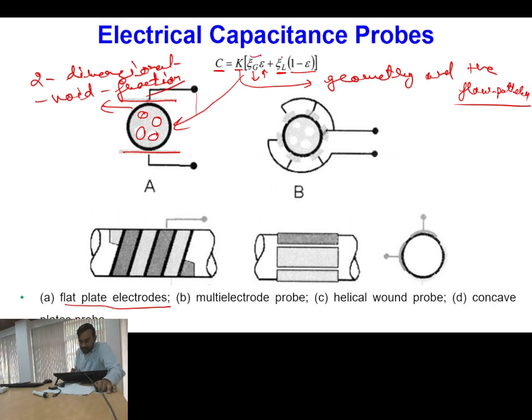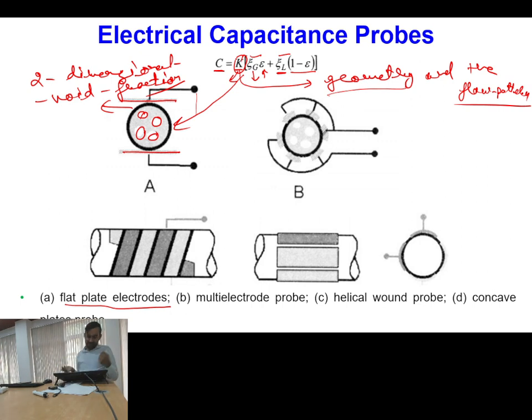This is a direct relation, but only K is a parameter dependent upon geometry and the flow pattern. That's why we need to perform calibration in order to determine the value of K. Is this point clear? The benefit is that we are directly getting the two-dimensional or area averaged void fraction.